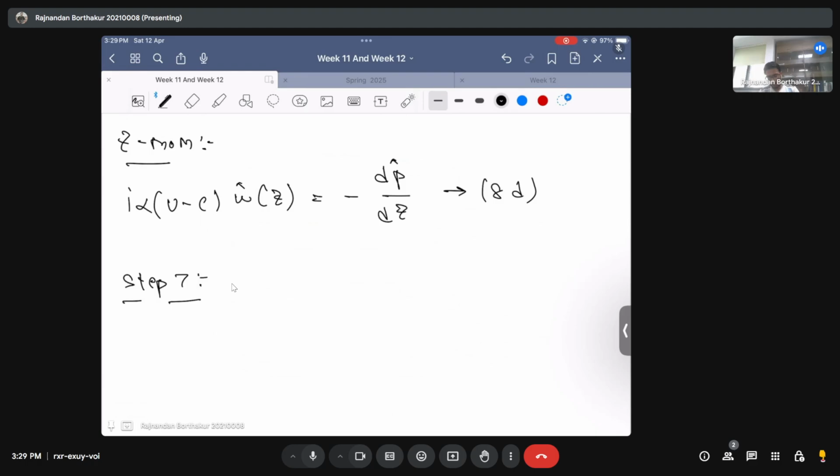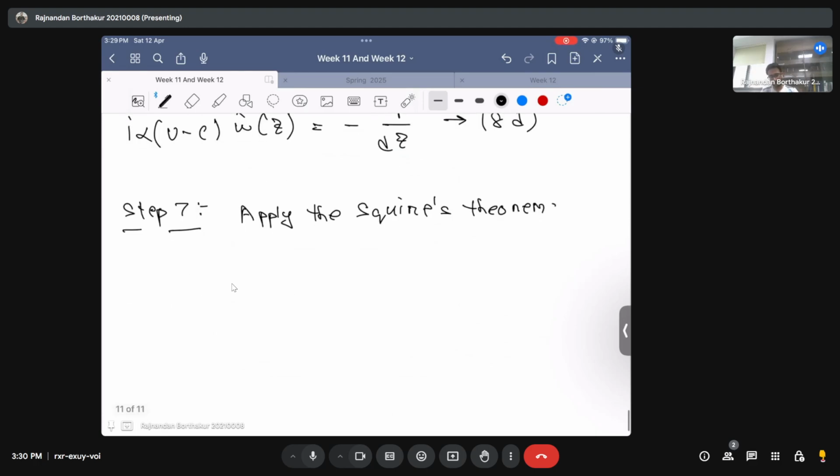So now what we'll do is apply the famous theorem known as Squire's theorem. Okay, and I'll write down the statement of Squire's theorem, although not verbatim, for the ease of understanding of the audience.